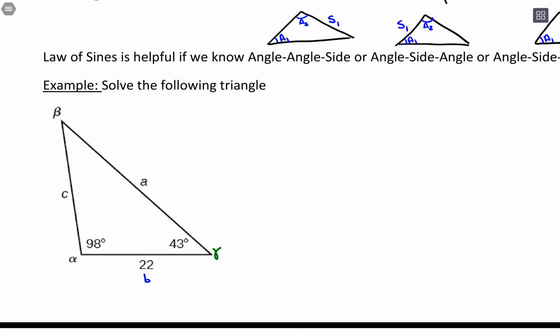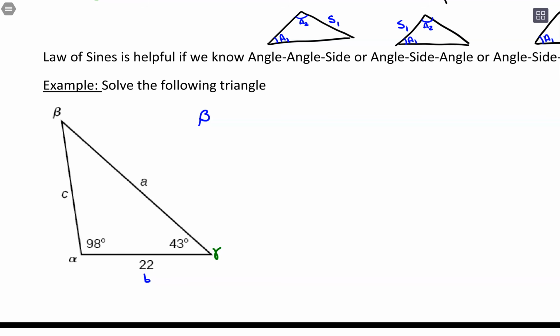Now, usually what I do with these is I first look at the angle measurements. I kind of start on the inside because we have that nice rule that all three angles should add up to 180 degrees. So I would check out the inside and see what we know. Sometimes you'll only know one of the angles, and with that, we'll have to jump into law of sines or eventually law of cosines to help out. In this case, we know two of the angles, so I can immediately solve for beta.